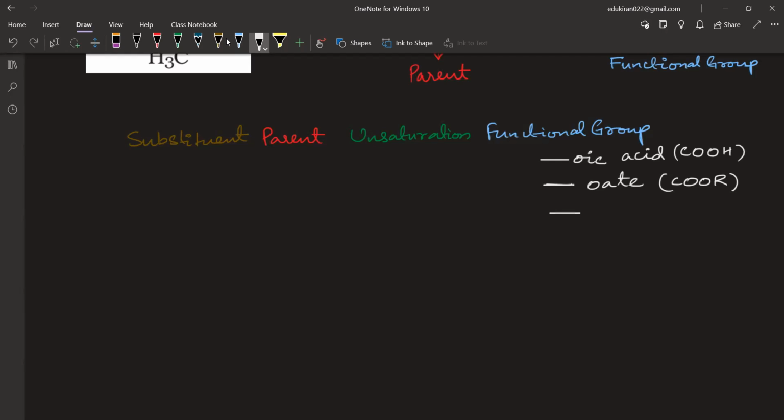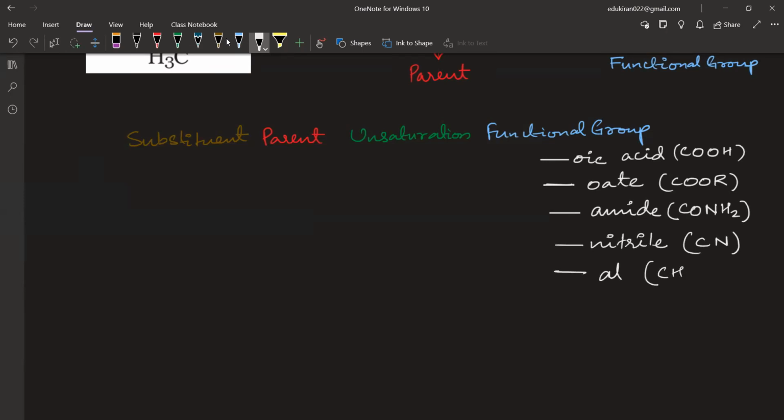After that, I'm skipping acyl halide, which is never used much, and I'm writing amide. Amide is the case where you have CONH2. Then we have nitrile. Nitrile is CN. If CN is present, then you will write nitrile. And after that, al. Al will be for aldehydes, that is CHO.